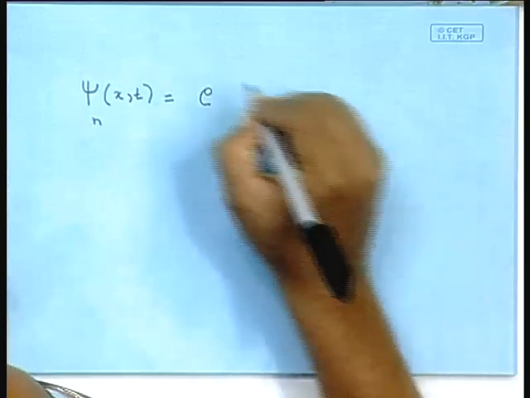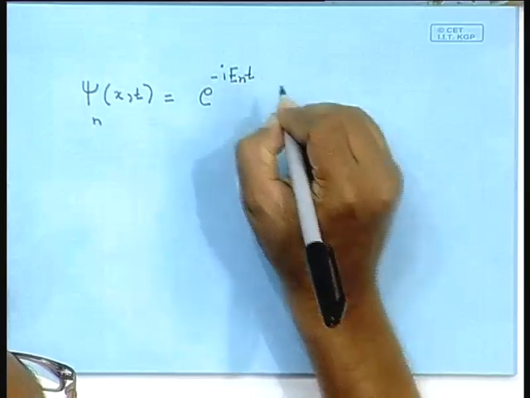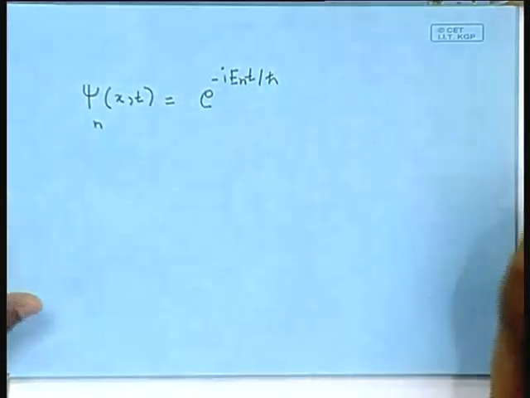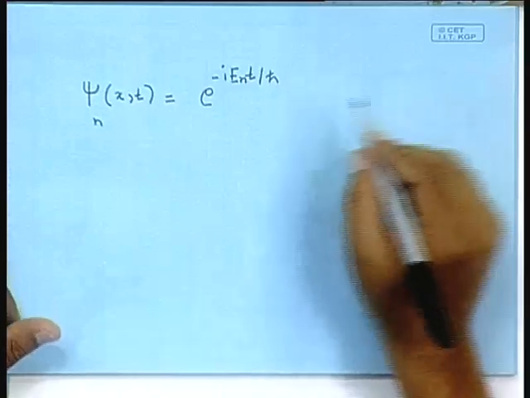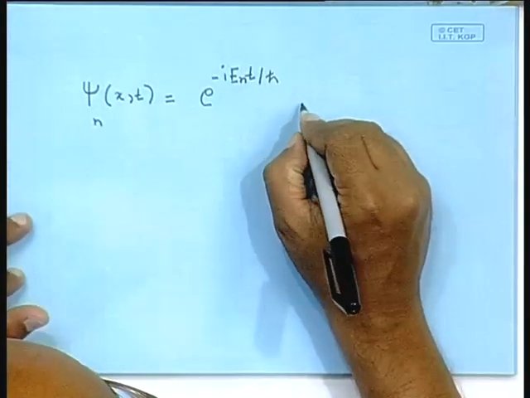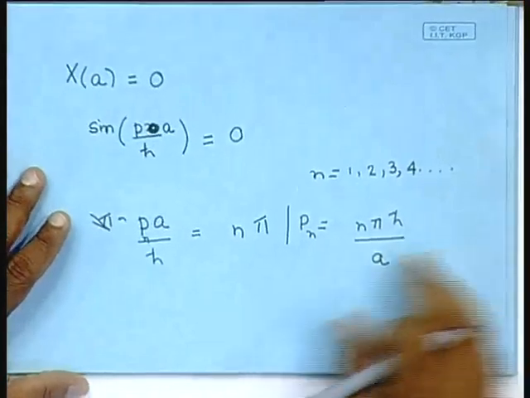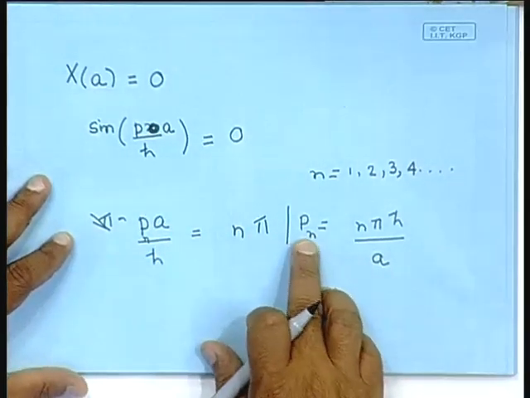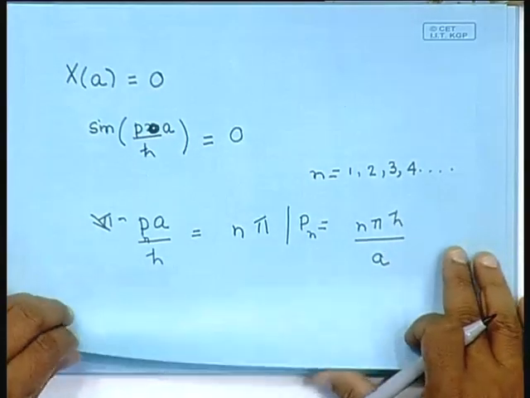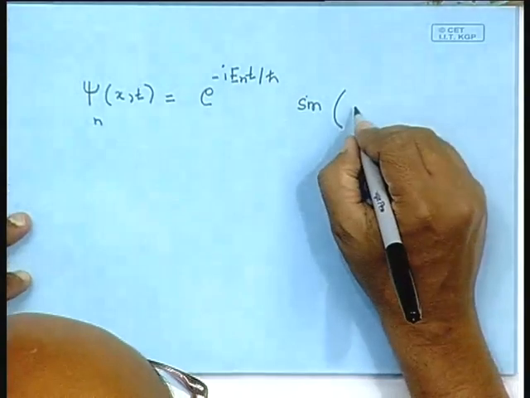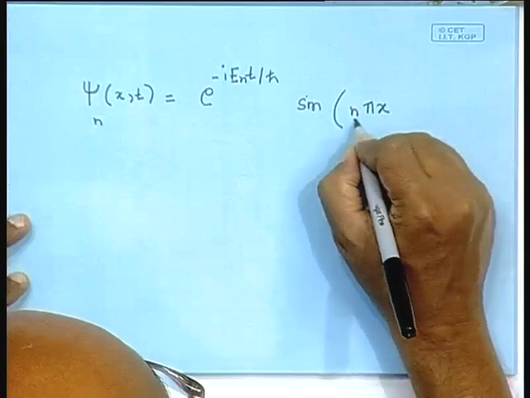This is going to have an energy time dependence e to the minus i En t by h cross, where En is the energy corresponding to the solution for integer n, and then we have sine px by h cross, and p can have values n pi h cross by a. So, sine n pi x by a.